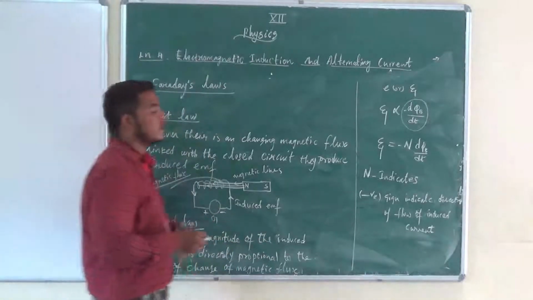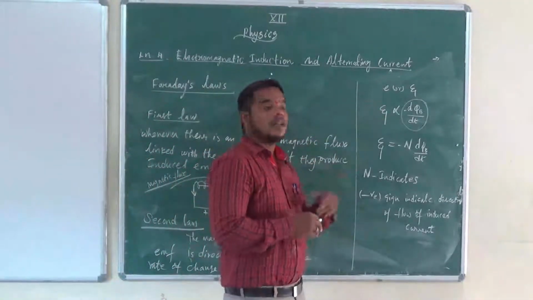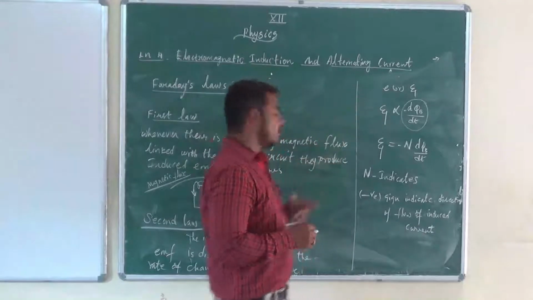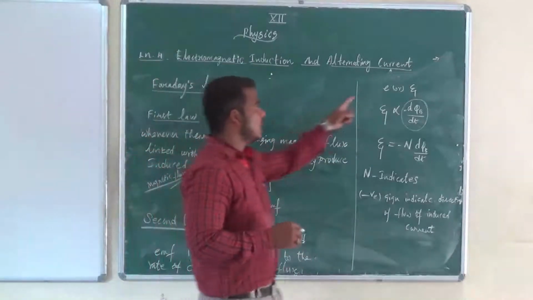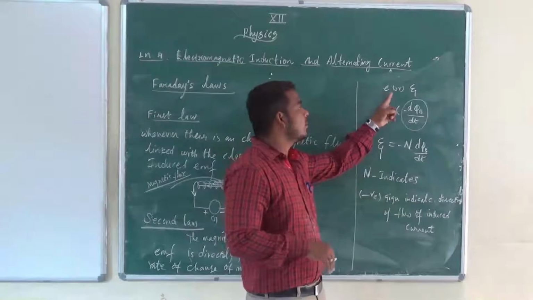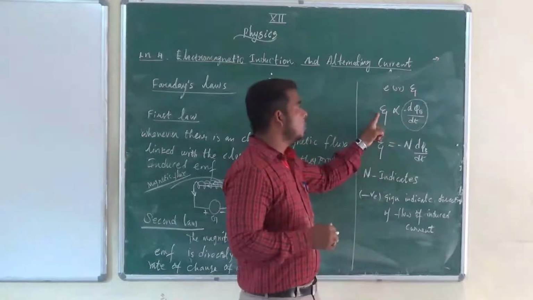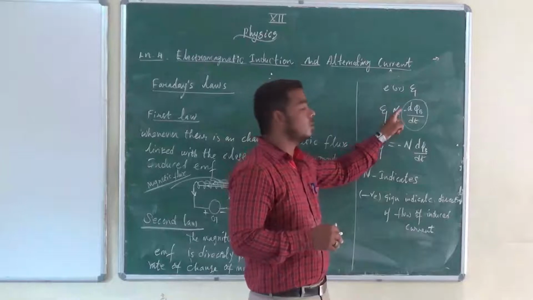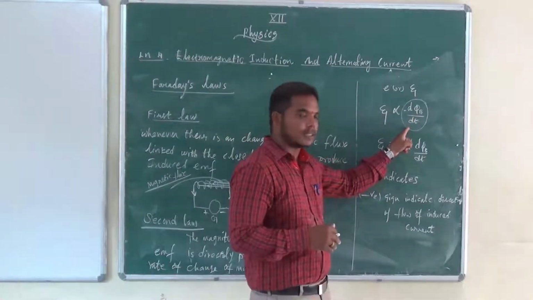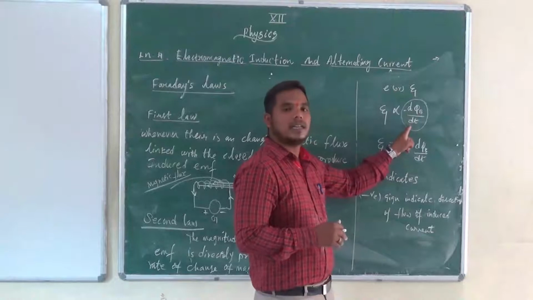This is a theoretical statement. When we write the mathematical expression, the induced EMF is denoted by E in the old syllabus, but in the new syllabus by the symbol psi. The induced EMF is directly proportional to the rate of change of magnetic flux, dΦ by dt.